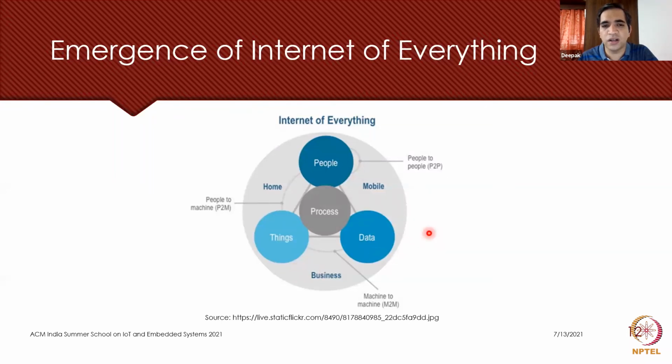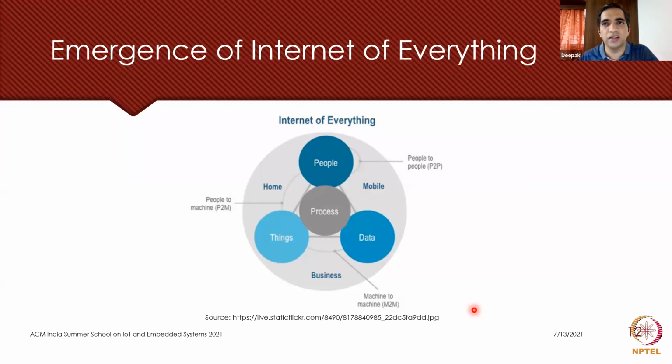So the emergence of this phenomenon of the internet of things has made it quite challenging for the way systems were designed for cloud computing, the way resources have to be managed on the cloud, and the way things have to be processed.